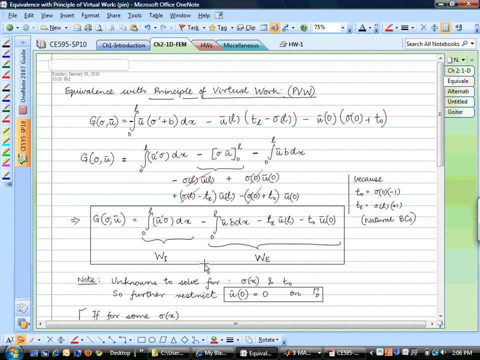So this is essentially the principle of virtual work that says that the internal virtual work done should be equal to the external virtual work. And if you can satisfy that for some sigma and for all u bar, then we know that this equation is satisfied, that div s plus b is satisfied.